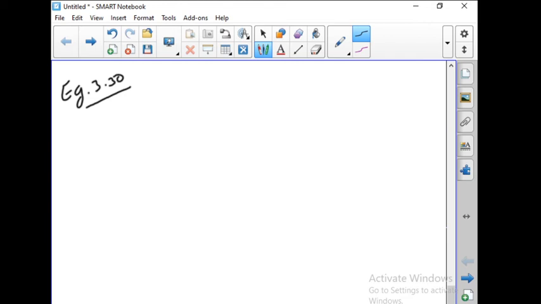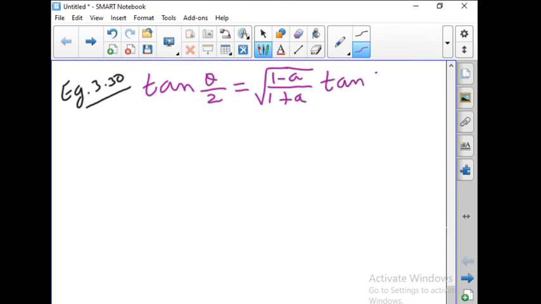3.30, it is given that tan theta by 2 is equal to square root of 1 minus a by 1 plus a into tan phi by 2.